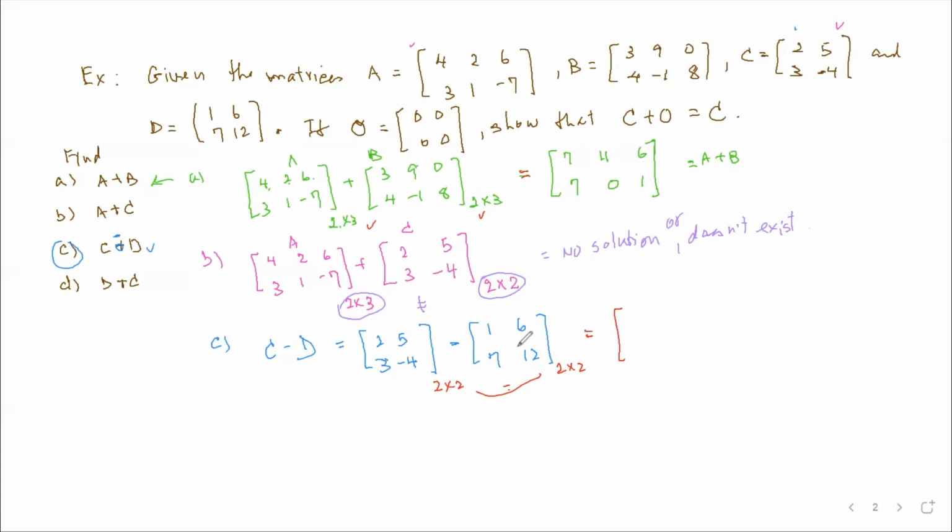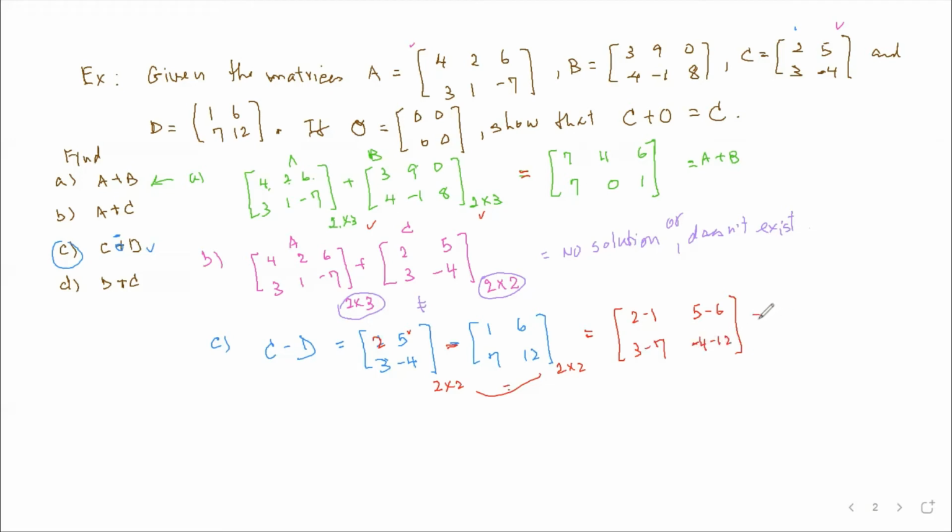Because sometimes they have a minus sign. So from here, 2 minus 1. And then next one 5 minus 6. And then 3 minus 7. Negative 4, negative 12.